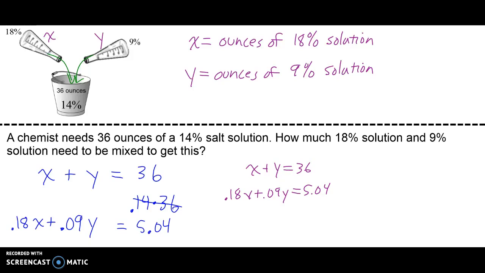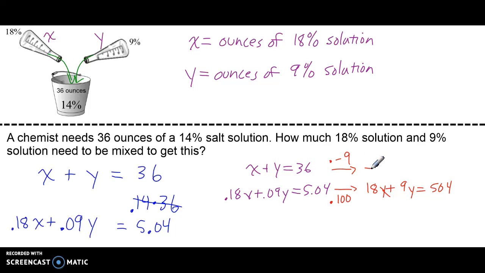The main reason is that it gives me an opportunity to get rid of the decimals here. If I take this equation and multiply everything by 100, then I don't have decimals anymore. I do end up with fairly large numbers, but at least there's no decimals. And if I'd like to set everything up to work out quite nicely for the y's to eliminate, I should take this top equation and multiply through by negative 9.